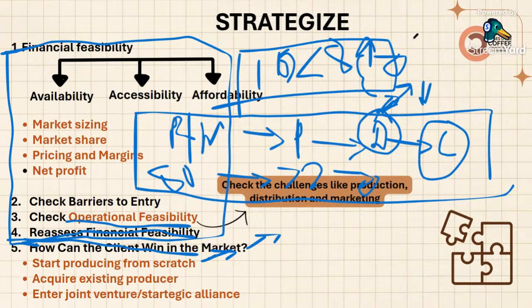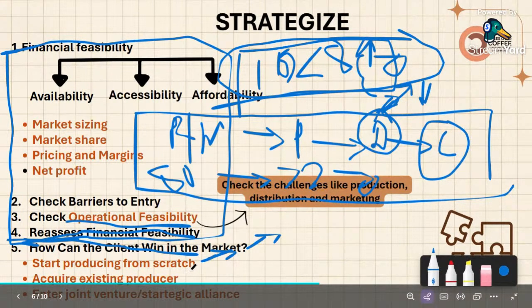Our decision changed because to a certain extent we were thinking that we would be able to make only 8 CR, but after acquisition of this specific producer, we were able to generate higher revenue and cash flows.